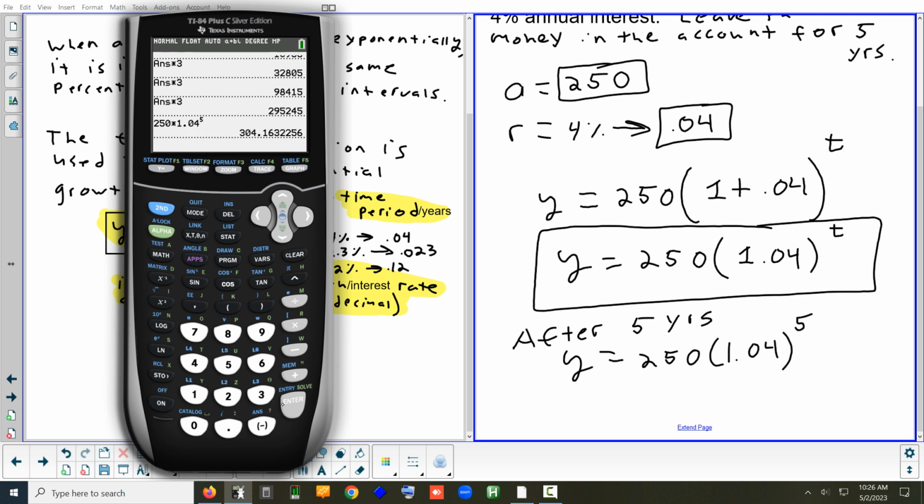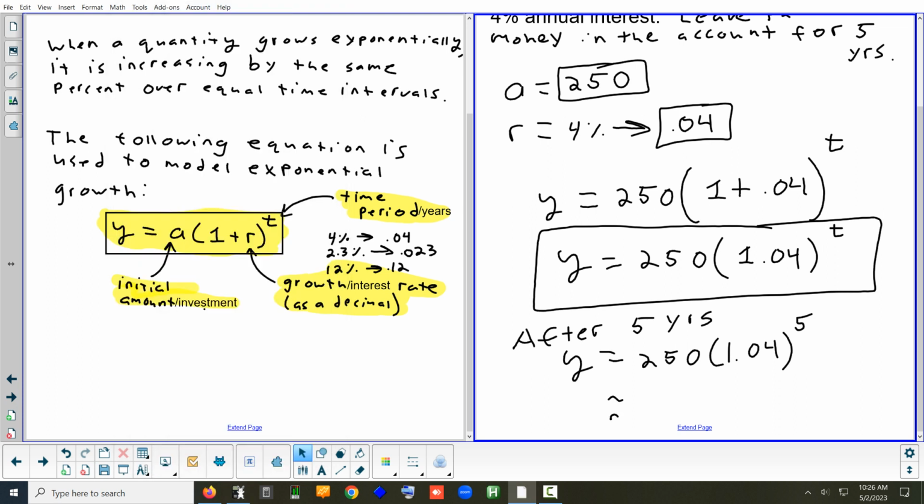So if you leave your money in the bank for 5 years, and you don't touch it, and come back 5 years later, you'll have about $304.16. If they wanted to know after 7 years, well, put in a 7. After 20 years, put in a 20. But that's the formula that you have to use to always figure it out.